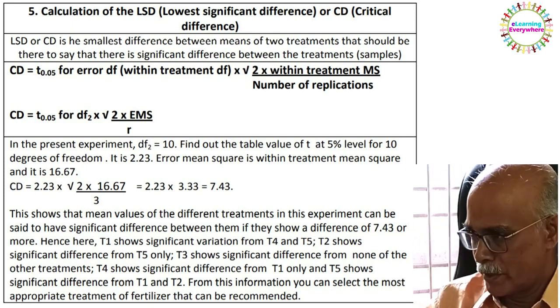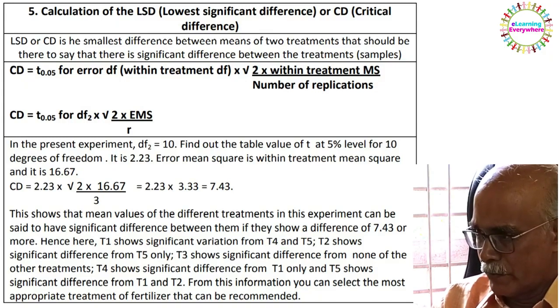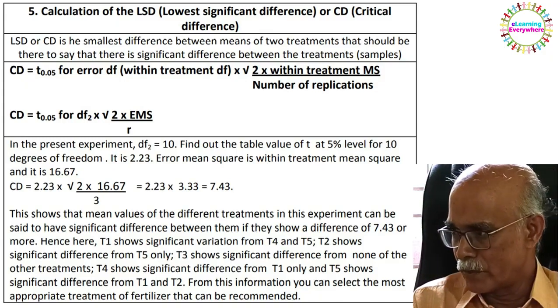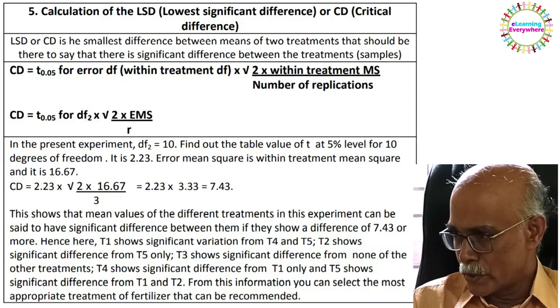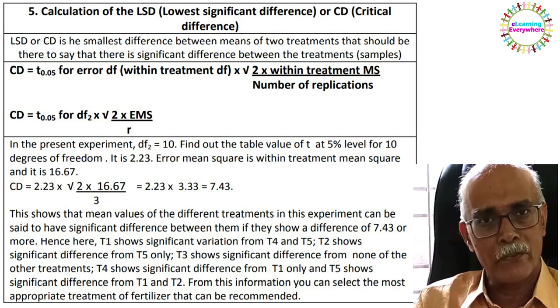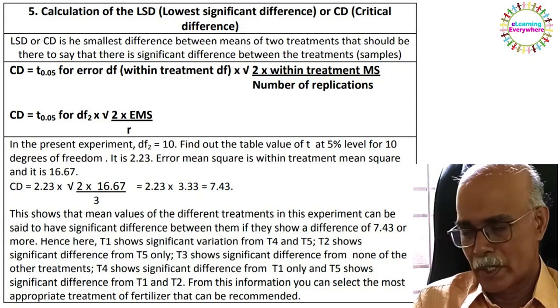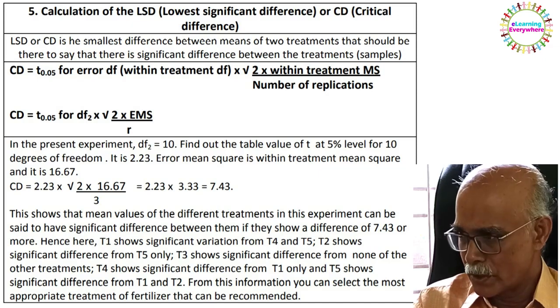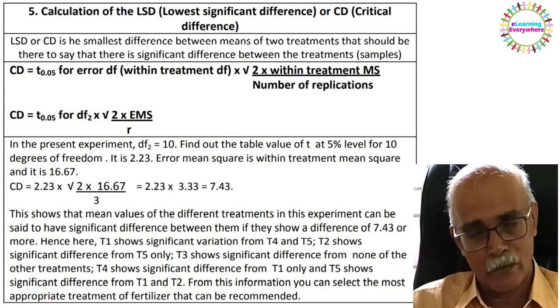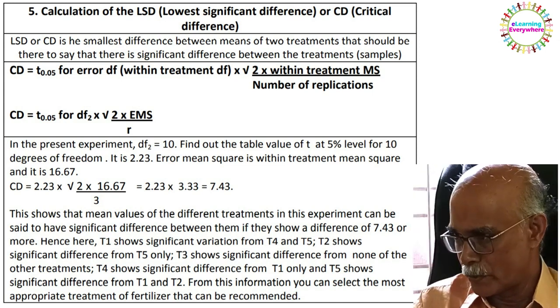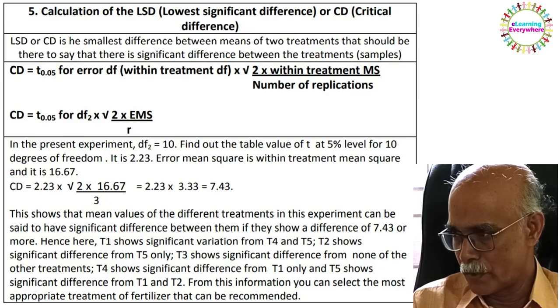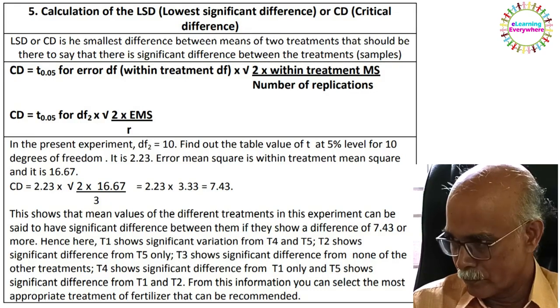So in this experiment, you can see that T1 shows significant variation from T4 and T5. T2 shows significant difference from T5 only. T3 shows no significant difference with any of the other treatments. T4 shows significant difference from T1 only, and T5 shows significant difference from T1 and T2.